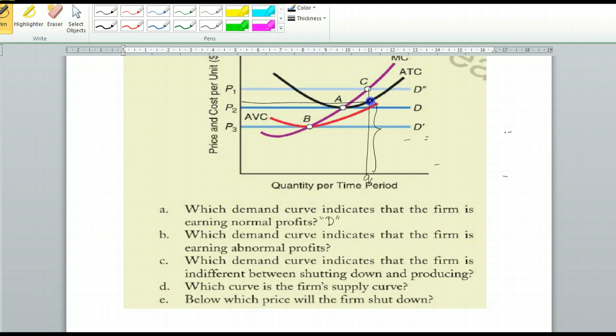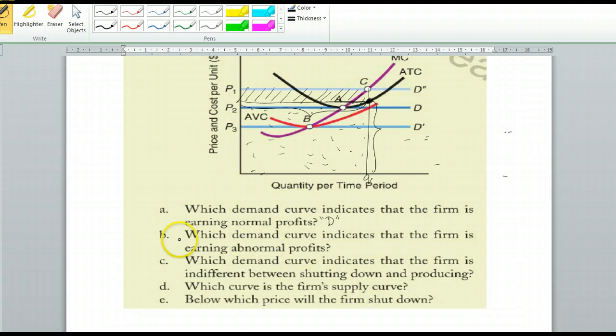So in that case, quantity is this much, and therefore this dotted rectangle would show you the total cost, and this bigger rectangle already showed you the total revenue, and the difference between them would be the positive amount of profit that this firm makes, which can be shown by this striped rectangle here.